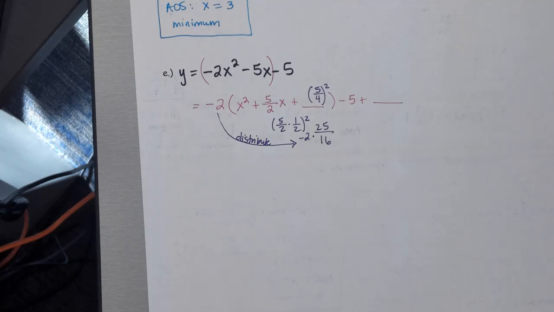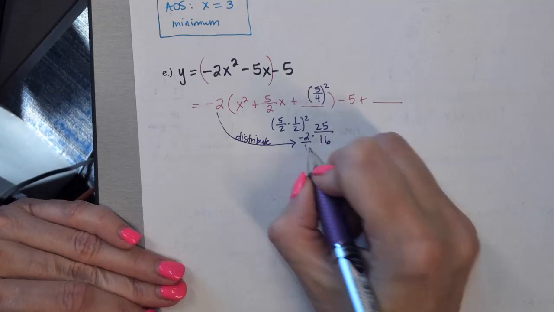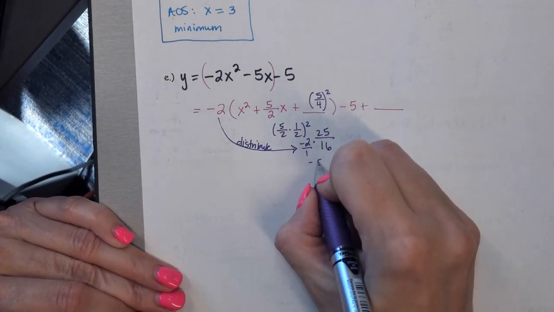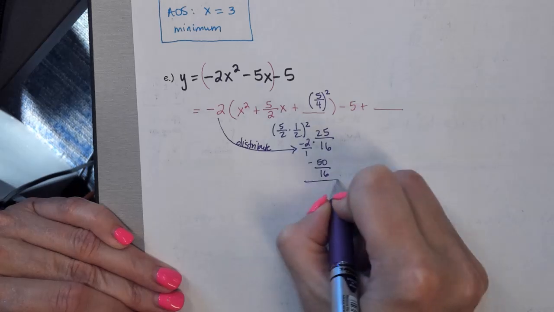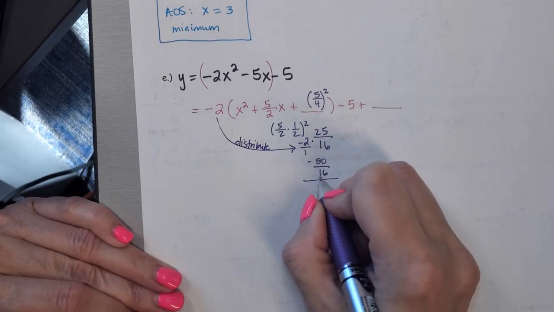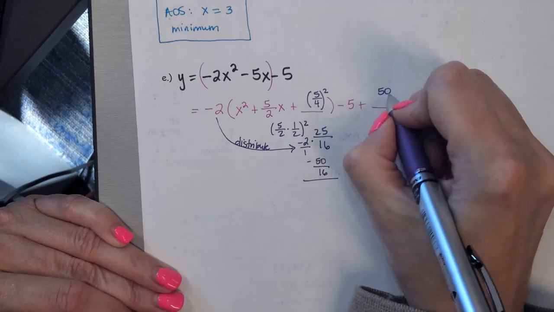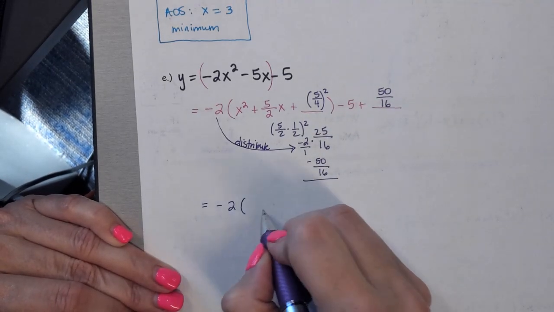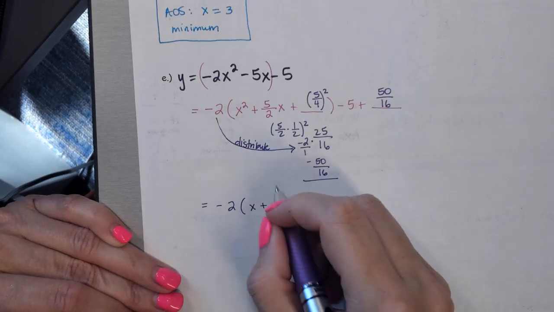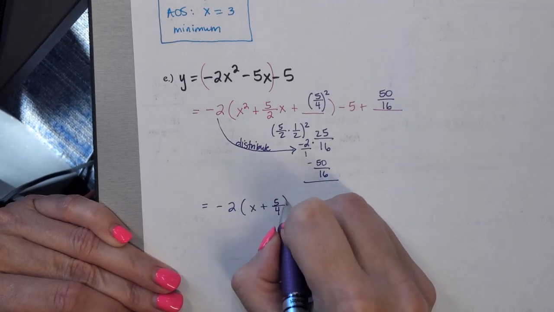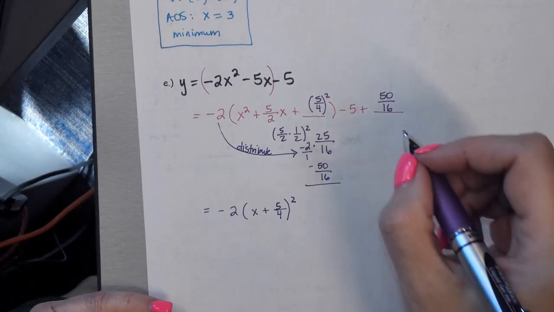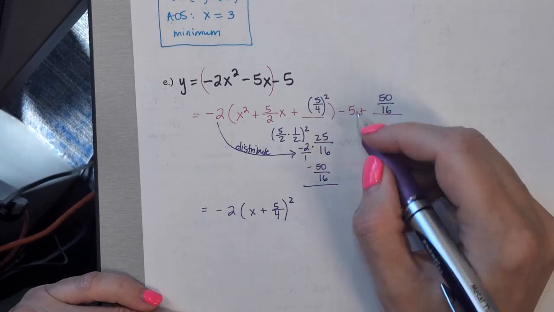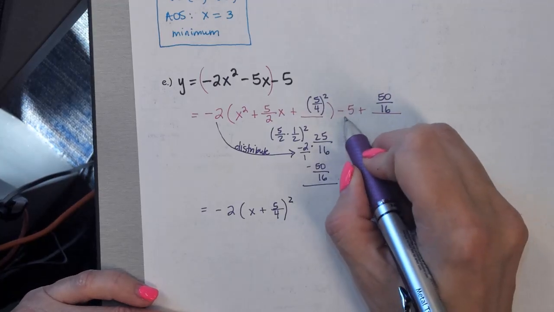Okay, so when you're multiplying a whole number by a fraction, just keep in mind that this whole number is over 1. So you have -50 over 16. So if you're subtracting 50/16, that means here we're adding 50/16. Okay, so I have -2x plus 5/4 squared. Okay, and then when I'm adding these two together, it's -5/1.